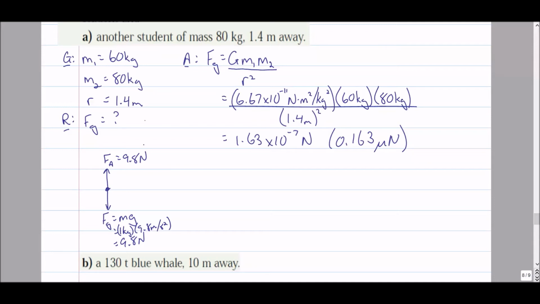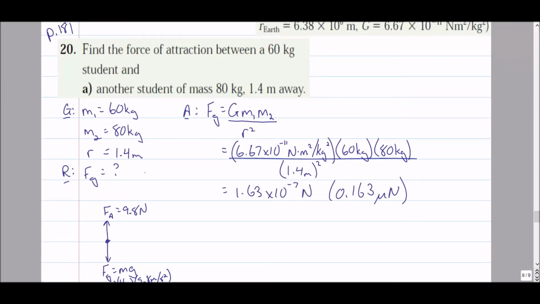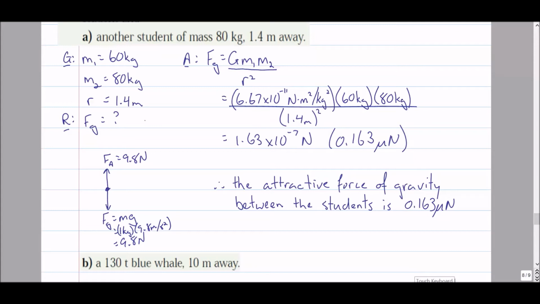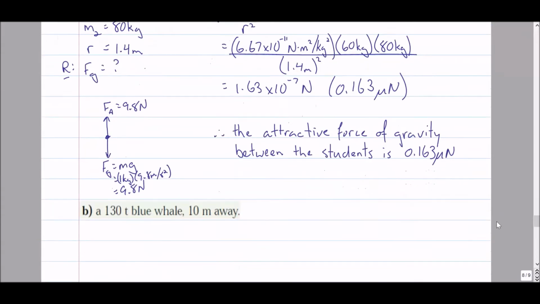So to get that sense of perspective, we've got two reasonably sized people, a 60 kilogram person, an 80 kilogram person, not very far away, and yet we've still got this tremendously weak force when you compare it to that perspective. And of course, we always end up with our therefore statement. So let's move on to part B of this question.